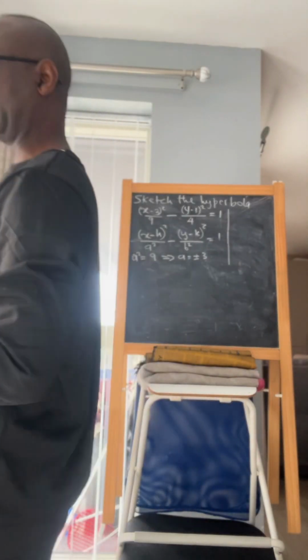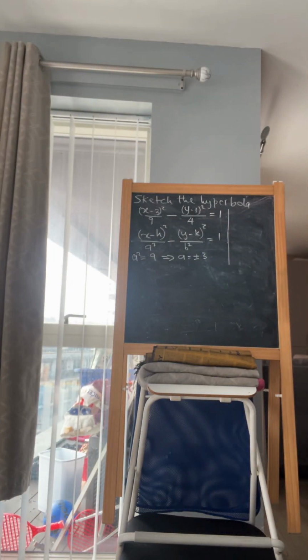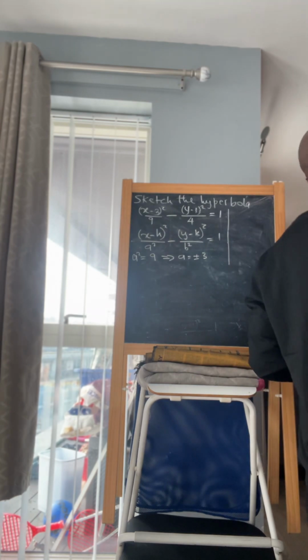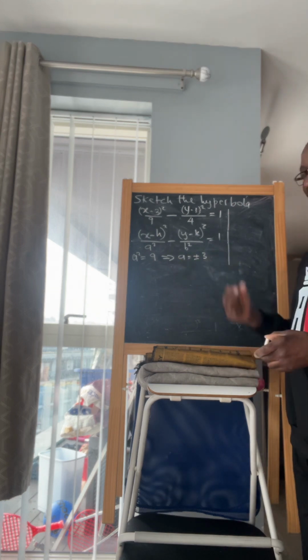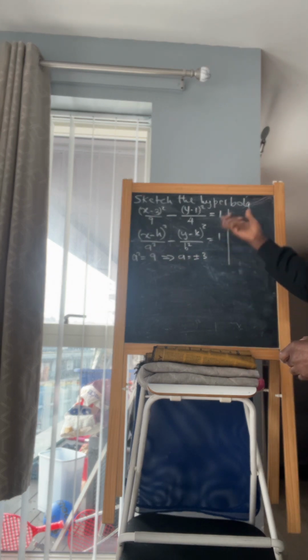What does a represent in the graph? A represents the vertices of the hyperbola.